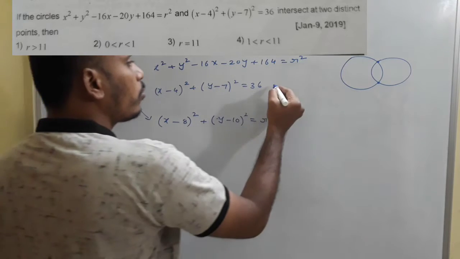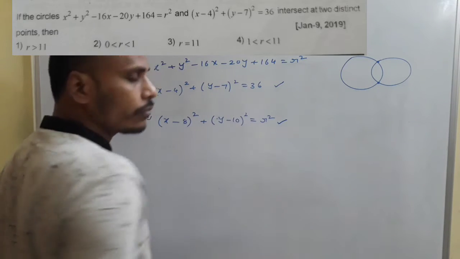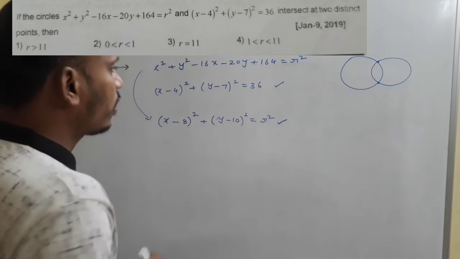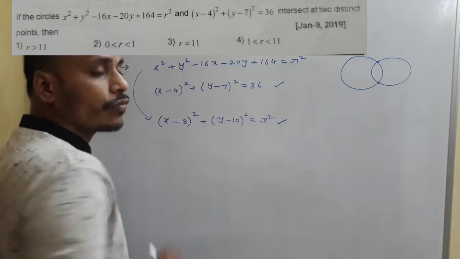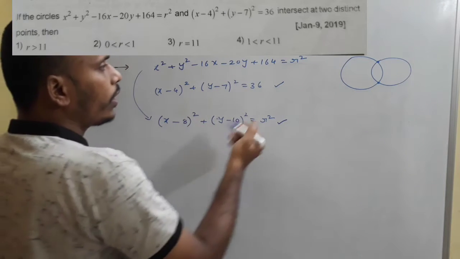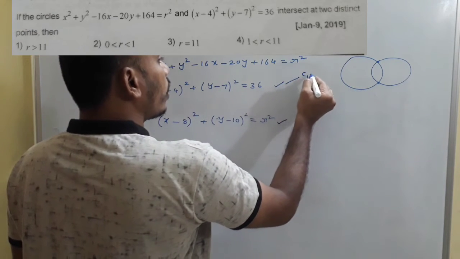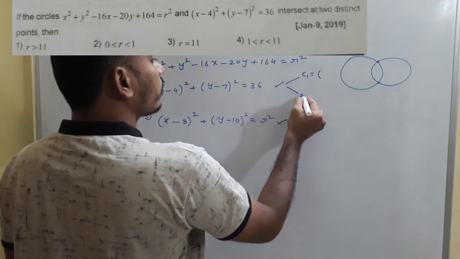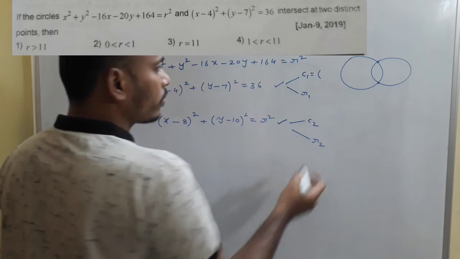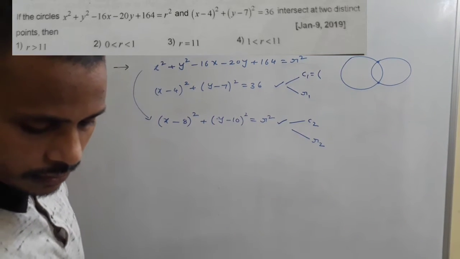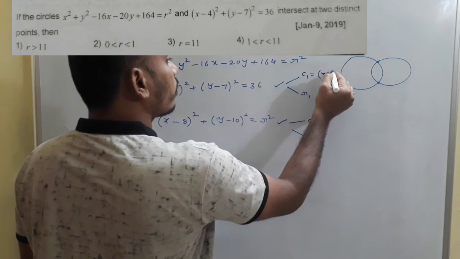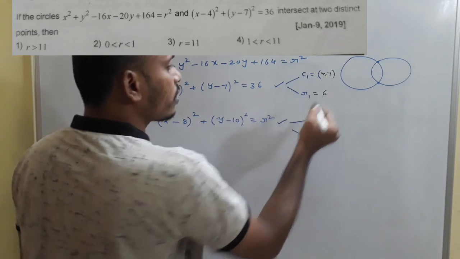Now we need to think about these two. This is one circle and this is the other circle. These two are intersecting. See, what is the center and radius of the first circle, as well as the center and radius of the second circle? For the first circle the center is (4,7) and the radius is 6.